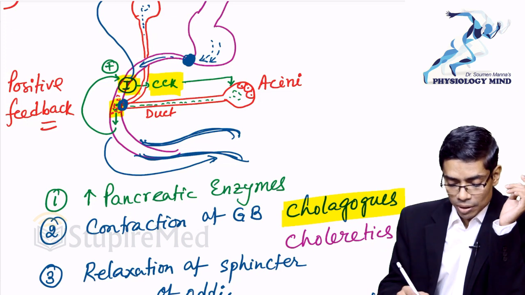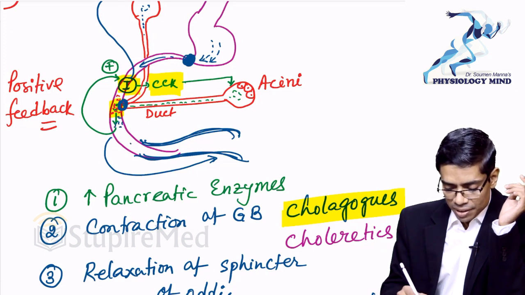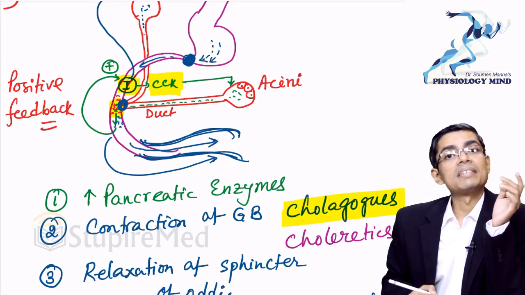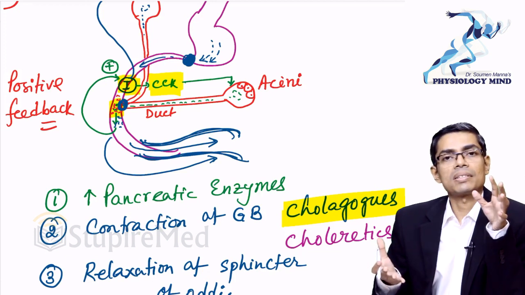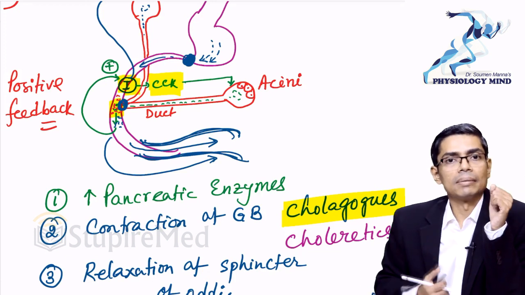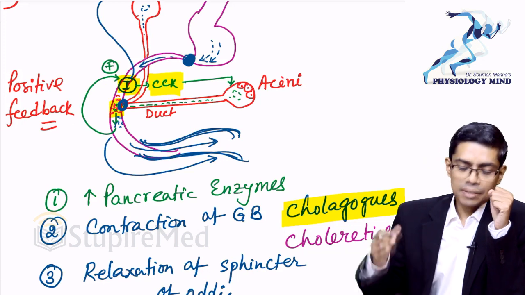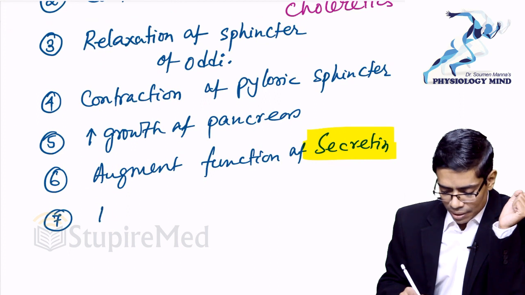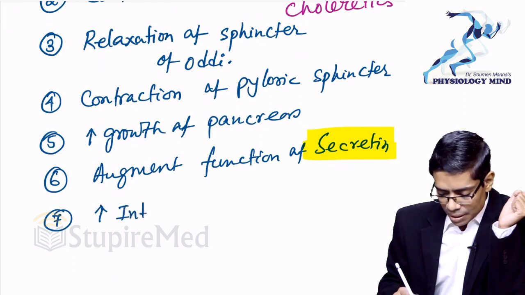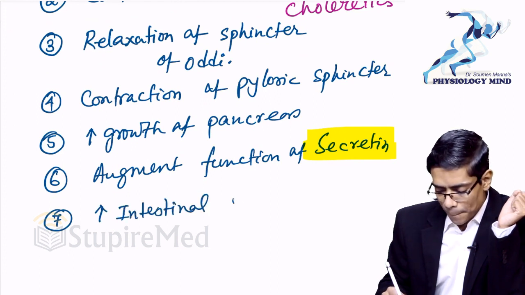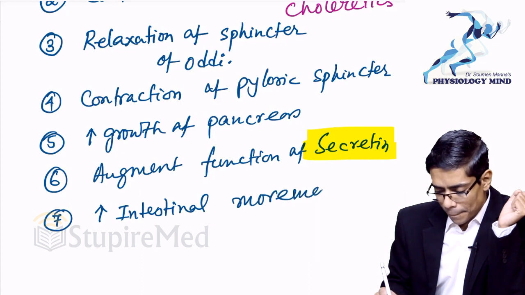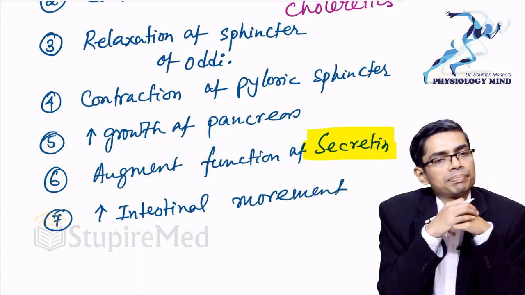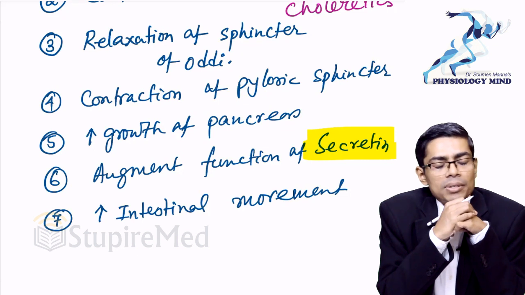Why? Because after the food particle is digested, it has to move to the distal part. CCK also causes increased movement of the intestine, right? So write down the 7th function, that is increased intestinal movement. This is also done by CCK, right? So this is all about the CCK.